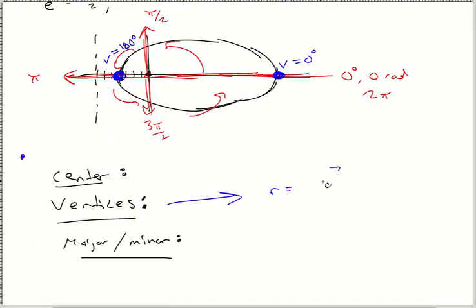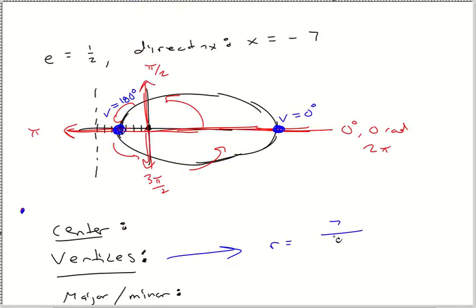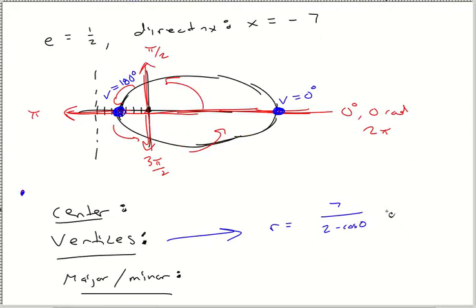So I'm going to plug in 7 divided by 2 minus cosine of 0. Cosine of 0 radians is 1. 2 minus 1 is 1, so 7 over 1 means a 7. What I just made is a point (r, theta), where my radius is 7 and my angle is 0.